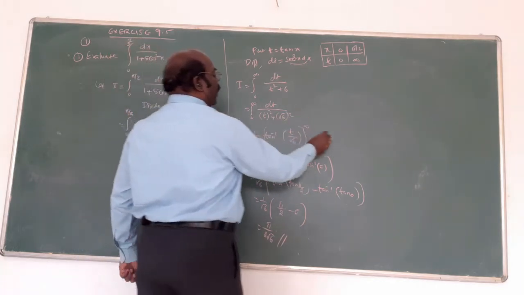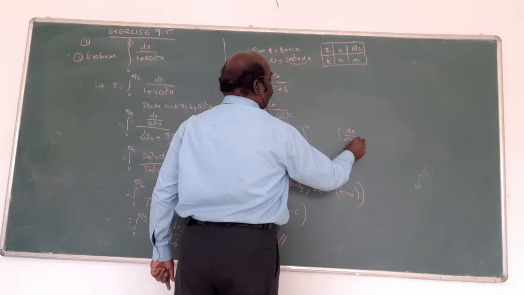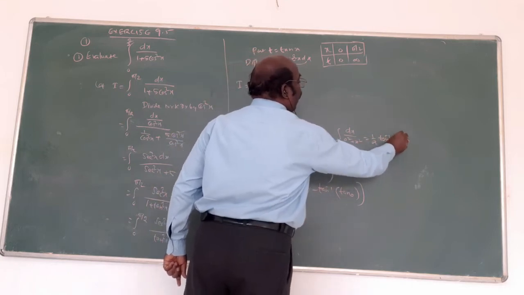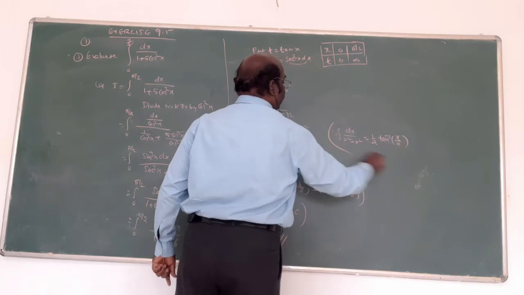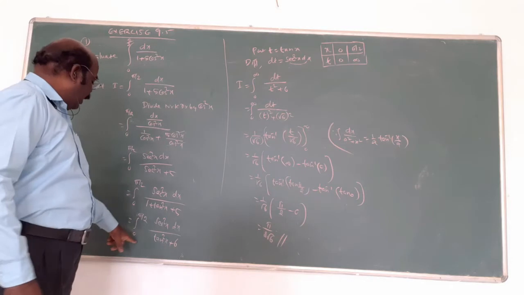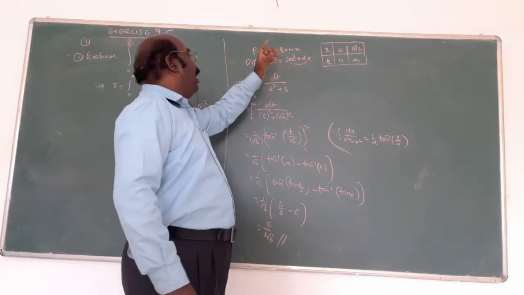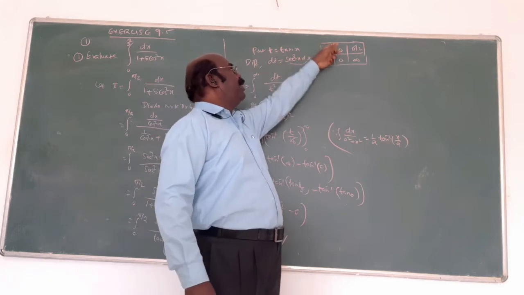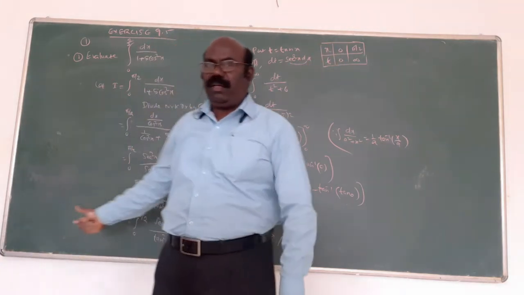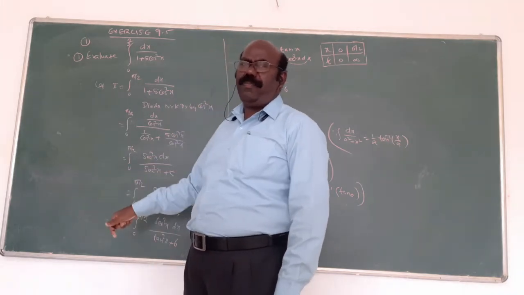Again, if I use the formula here, what is the formula? dx by a square plus x square equals 1 by a tan inverse of x by a. This is the formula. Whenever we substitute, the x variable will be converted to the t variable, but the limit must also be converted to t. That is very important. The question involves the x variable and the limit is also in x, so that is not in integral form.